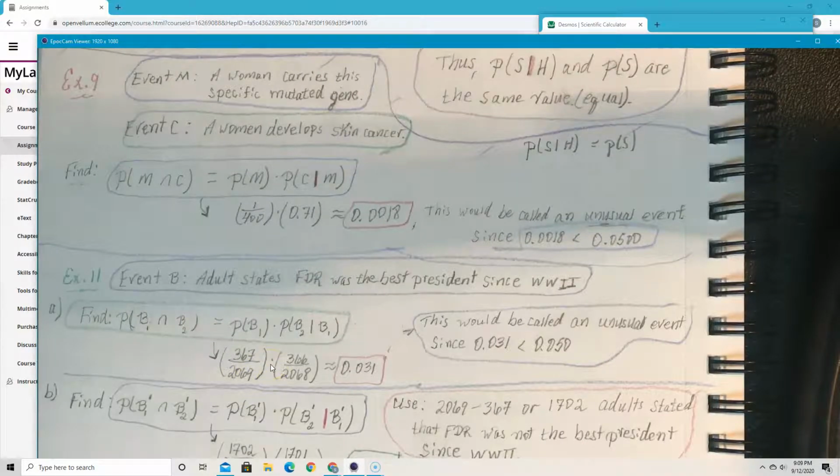Times, well, now there's one less person left. So there's only 2,068 people left. And there's only 366 people left that stated that FDR was the best president. So then the probability that the second person selected would also state that is 366 chances out of 2,068.